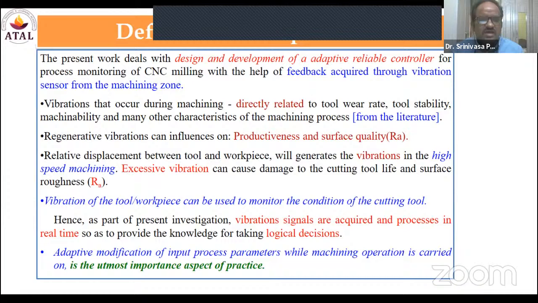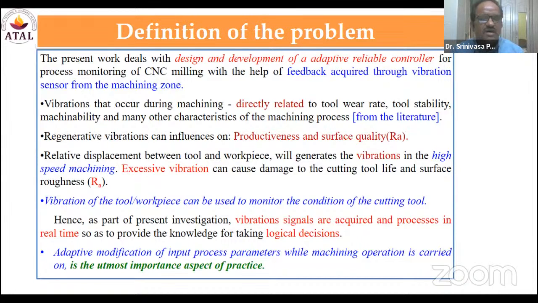We have considered vibrations as a parameter for judging this, because even today, very little attention is paid to vibrations in machining. Vibration is a huge area with many industrial applications, but very little focus is paid to vibrations in machining. That is why I have selected vibrations as a decision-making tool in this investigation.